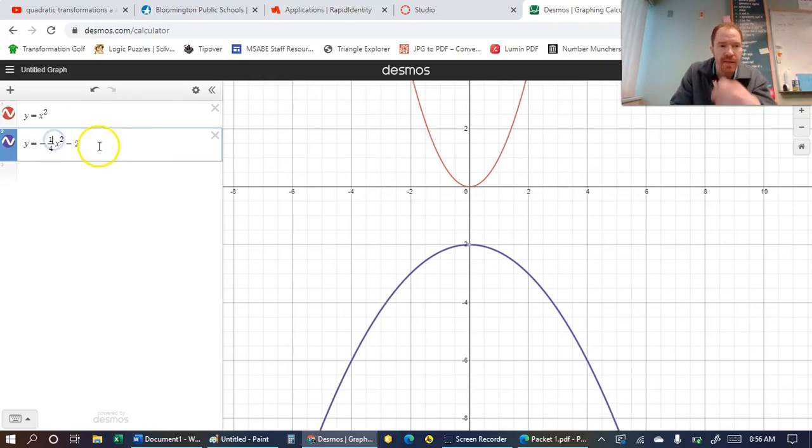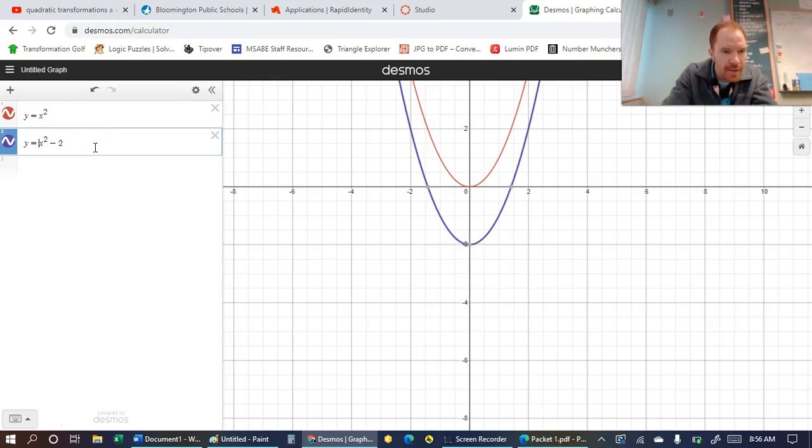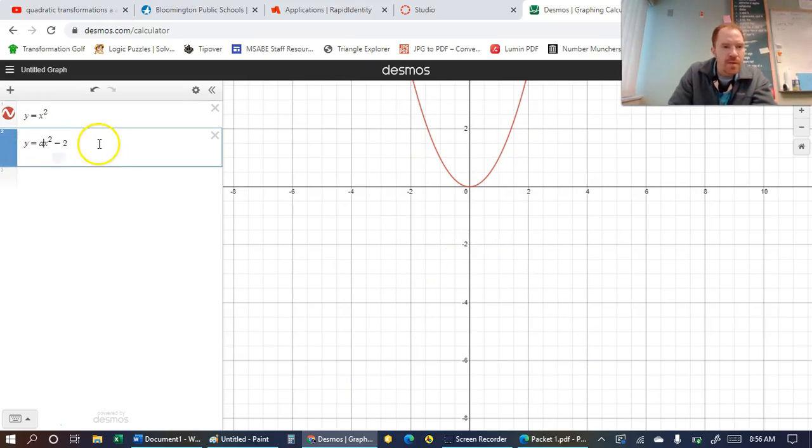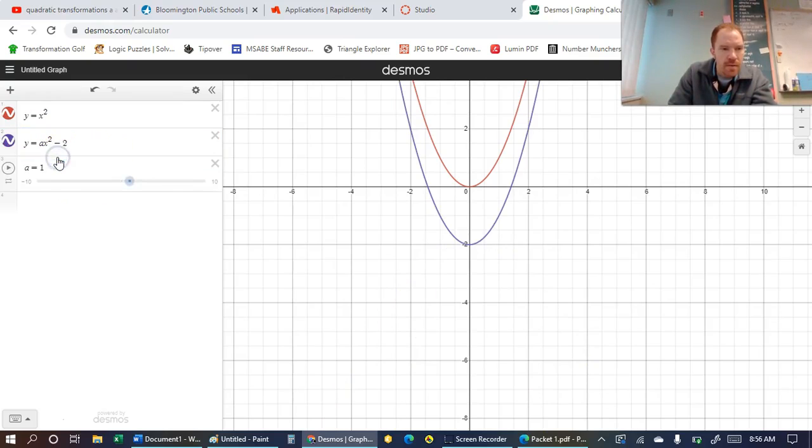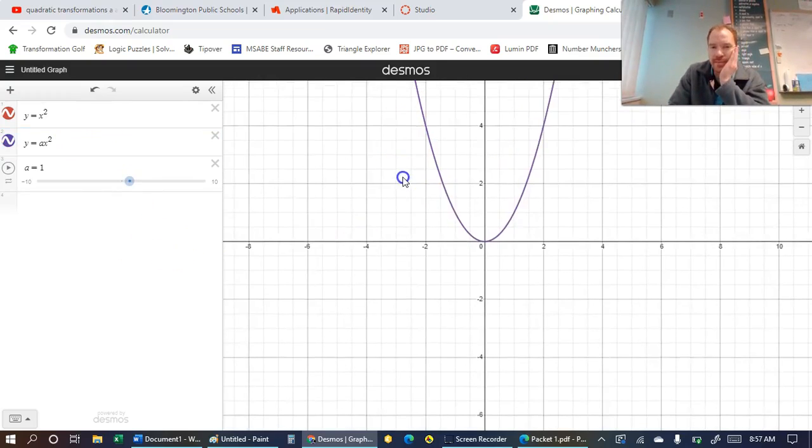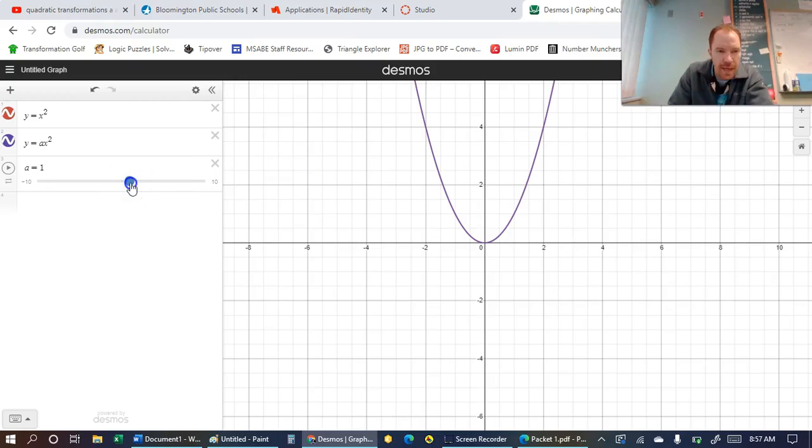So I'll do one more thing here, and that's we'll put a slider for a. Right now they're the same width. Let's change c to 0, just to look at messing with a. So we want to make it a negative.